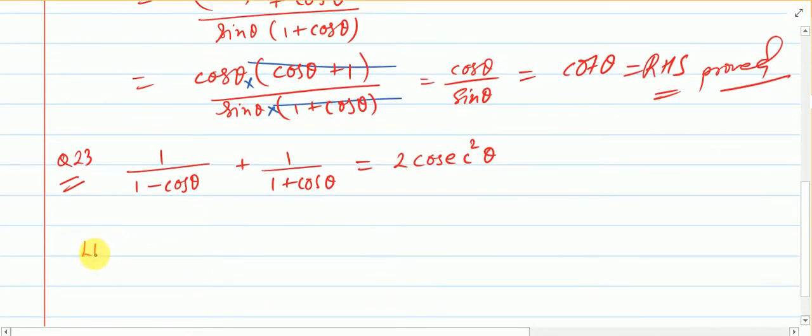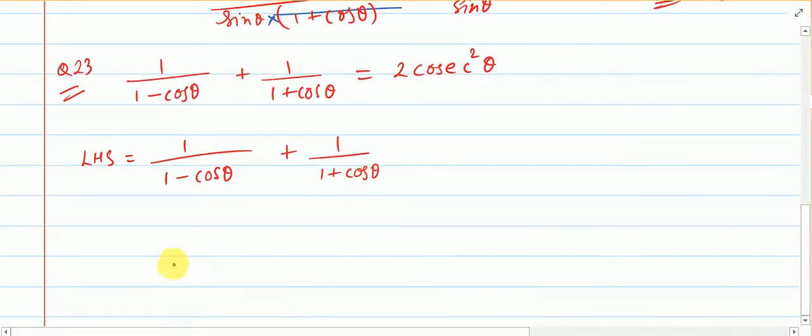So the left hand side is equal to 1 upon (1 minus cos theta) plus 1 upon (1 plus cos theta). Now here we will take the LCM, so we multiply this with 1, this one with 1, and down you multiply the denominators, so you get (1 plus cos theta) plus (1 minus cos theta).